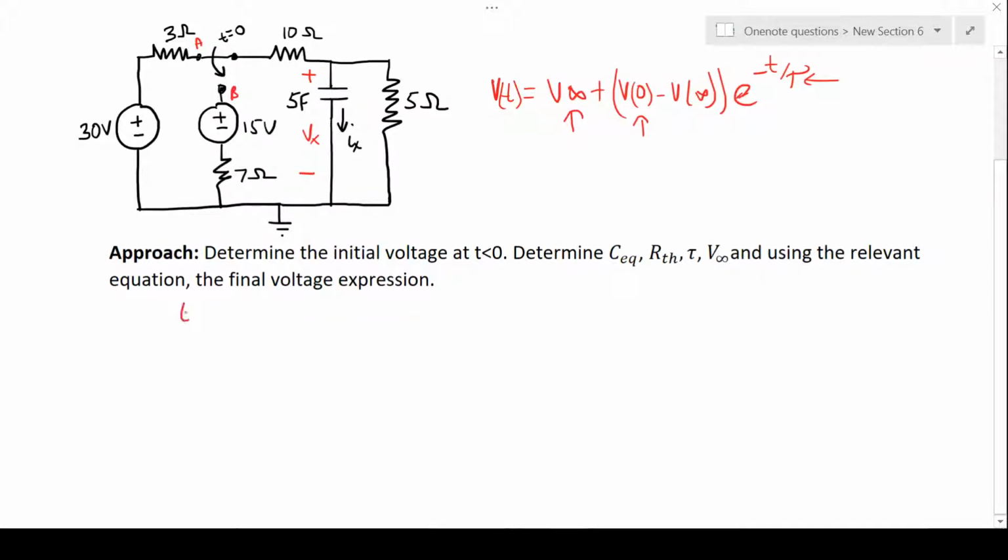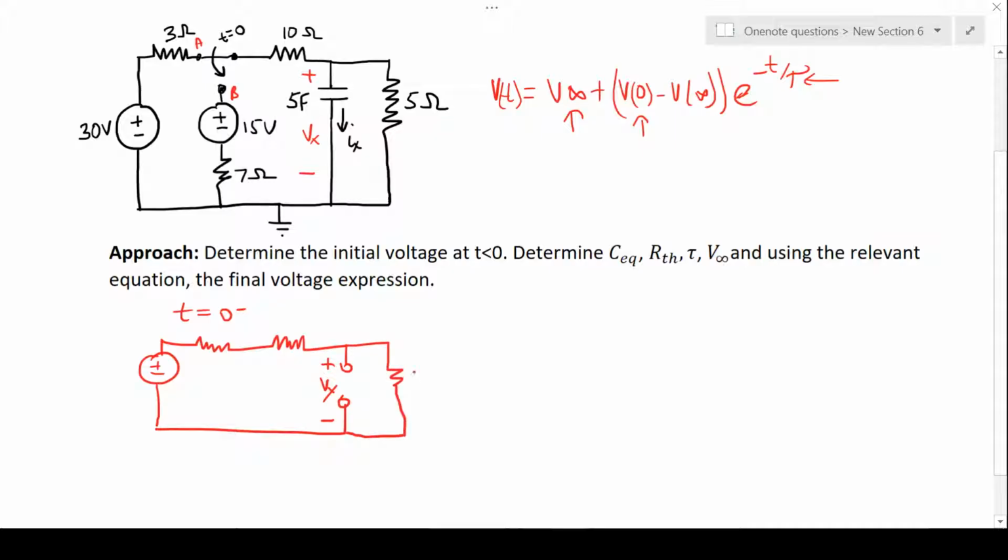So let's start off with t equals 0 negative. We know that the circuit should look as follows. The capacitor will become an open circuit, and we're looking for the voltage Vx or Vo, which should be the voltage over the 5 ohm resistor.